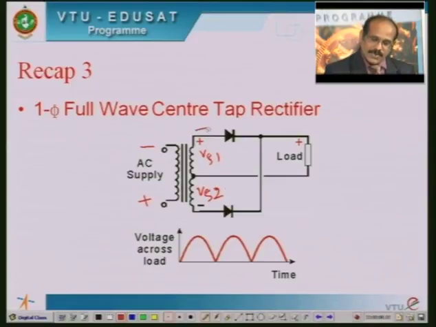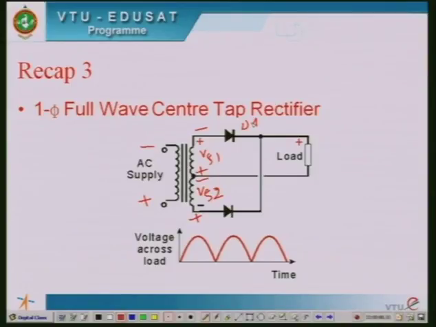Vs1 will have minus and plus at these terminals, and similarly Vs2 will have minus and plus. Therefore, the diode D1, that is the upper diode, is reverse biased, because its anode will be at negative potential with reference to the cathode.